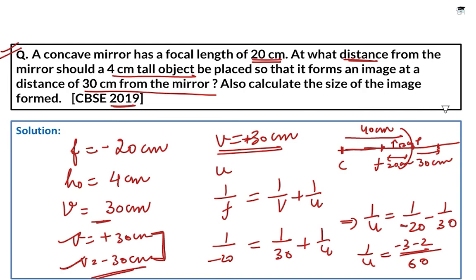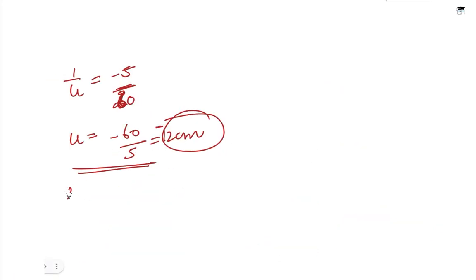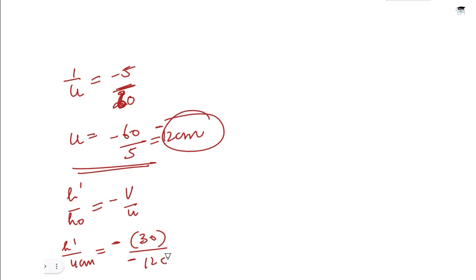So next is, what is the size of the image? If you remember, in case of a concave mirror, we get an enlarged image. So our H dash is going to be more than 4 centimeter. Let's see here. We will use this formula. H naught is given as 4 centimeters, and our V is 30, and our U is minus 12 centimeter, so the negative signs will cancel out.